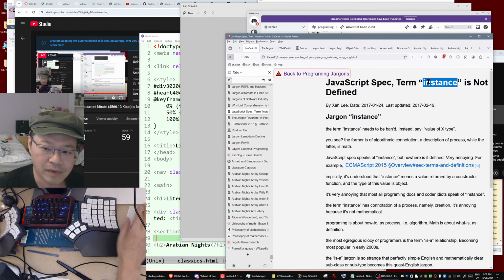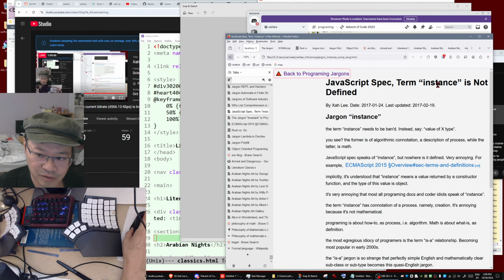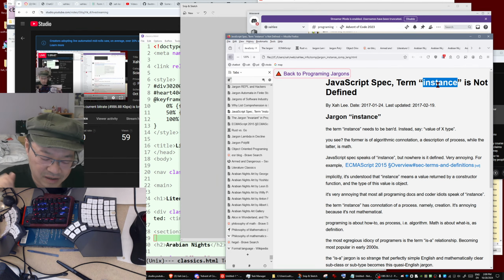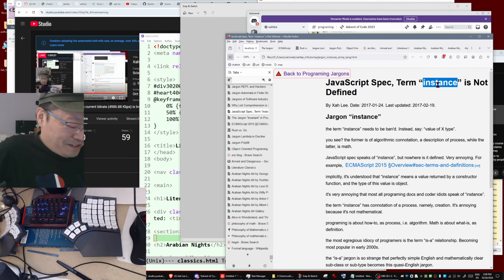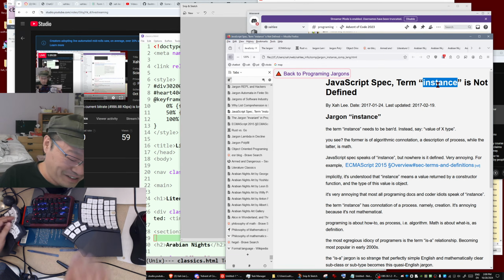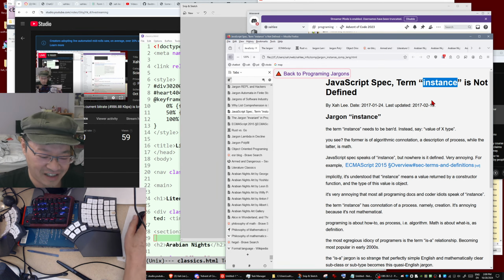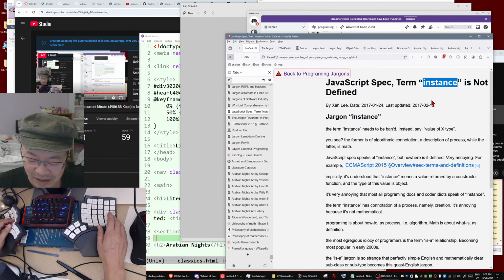So when you try to define instance in a mathematical way, I found it's fairly difficult. You don't know exactly what it is. What the fuck is the instance? It's hard to define in a mathematical way.